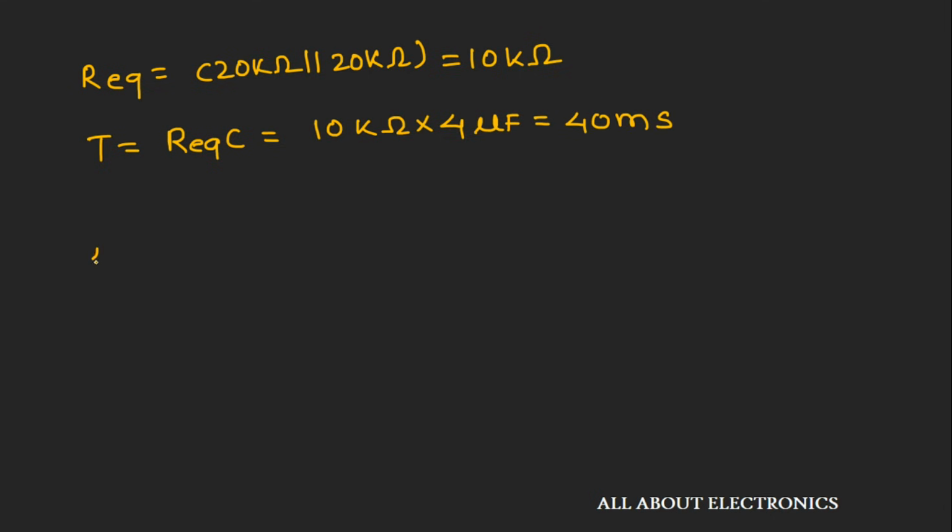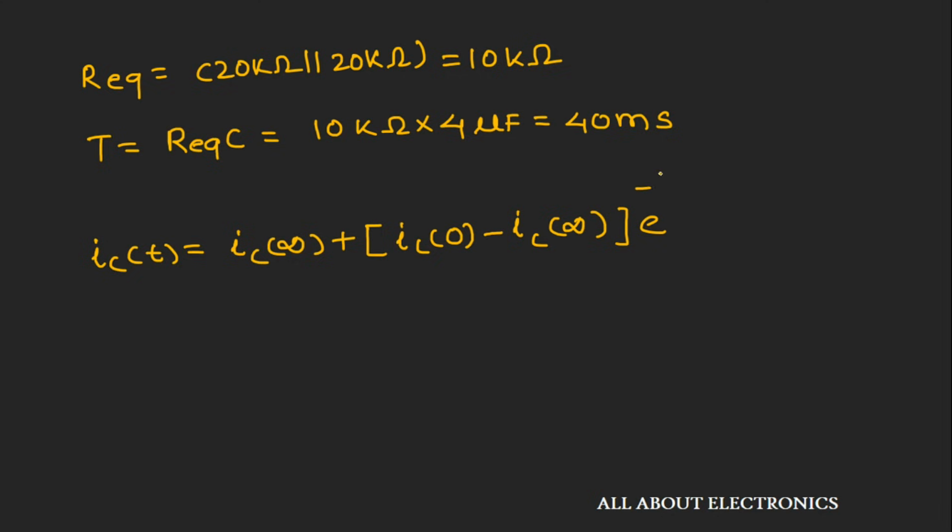Now the capacitor current IC(t) can be given as IC(infinity) plus [IC(0) minus IC(infinity)] multiplied by e to the power minus t by T. Earlier we found that IC(infinity) is 0 and the value of IC(0) is 0.5 milliampere. Minus IC(infinity), which is 0, will be multiplied with e to the power minus t by T, where T is 40 millisecond.